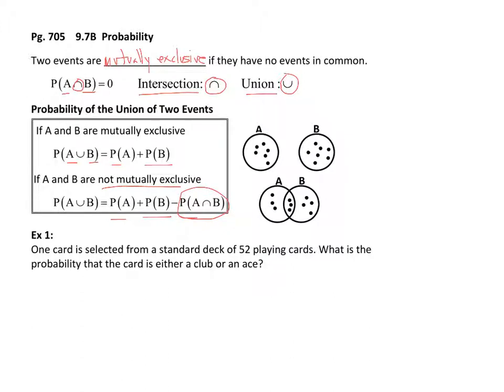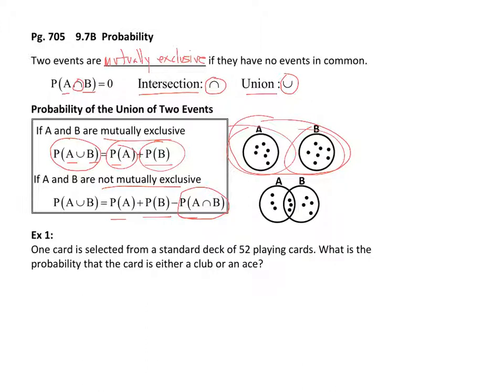Now here's a little visual on the right side to help solidify the understanding of this idea. If you have the union of two events and they're mutually exclusive, mutually exclusive means they don't overlap at all. So if I want to find out the probability of that, I simply take the probability of each event.